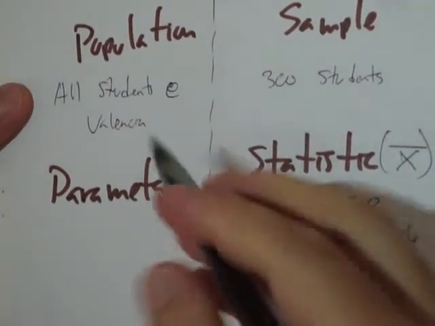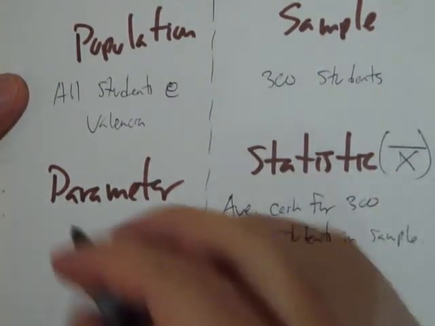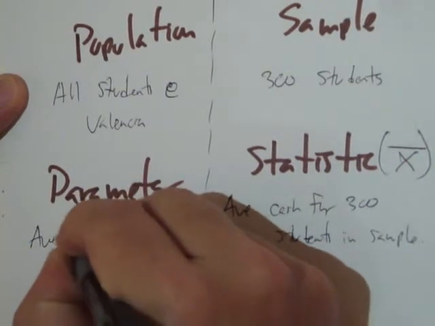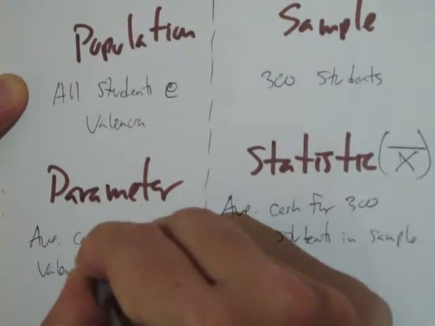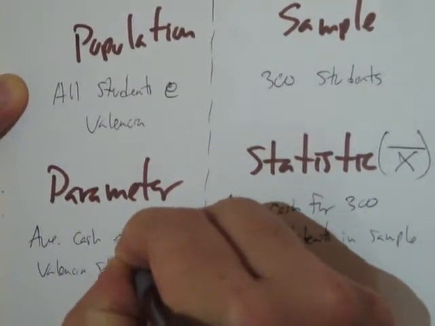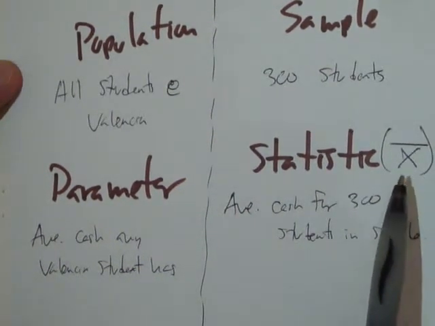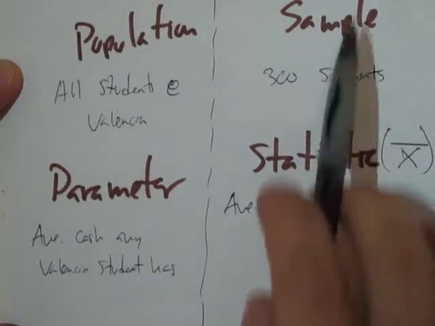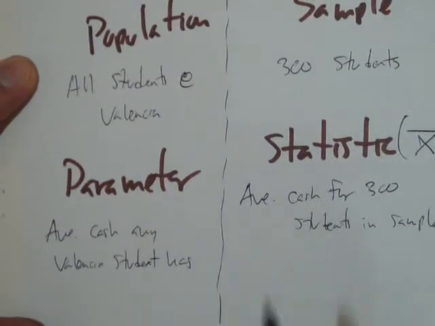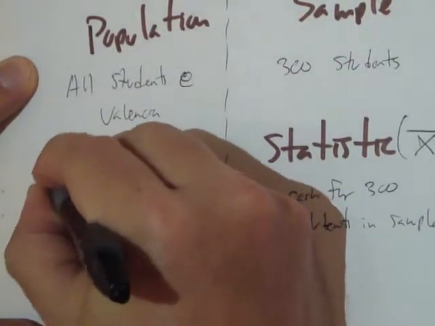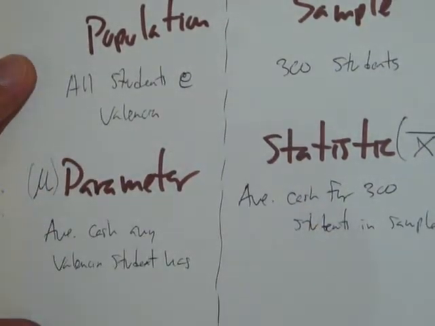In this case, the parameter would be the average cash that any Valencia student has. We were talking about a mean, so we had the sample mean in our sample. For a parameter, we would have the population mean, which you remember was mu, like a U with the little tail in the front. So that was our parameter.